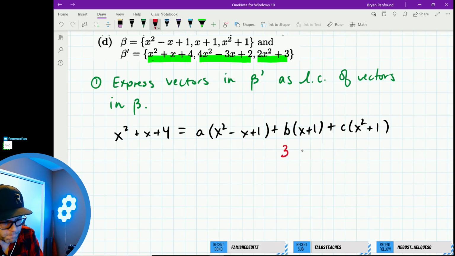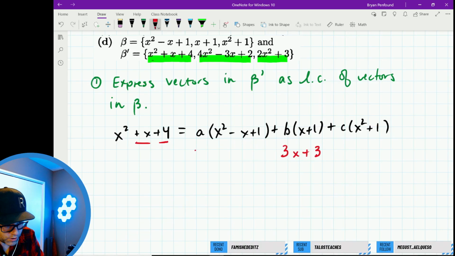If B is 3, that gives us 3x plus 3. We would need then C to be 1 to get the plus 4 that we want. So that would give us an x squared plus 1. And then A, nope, that's a lie, because A and C both have constants. So we could go to A next, and think about subtracting 2.